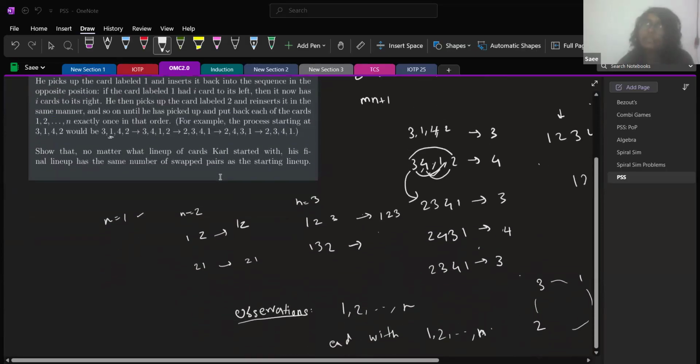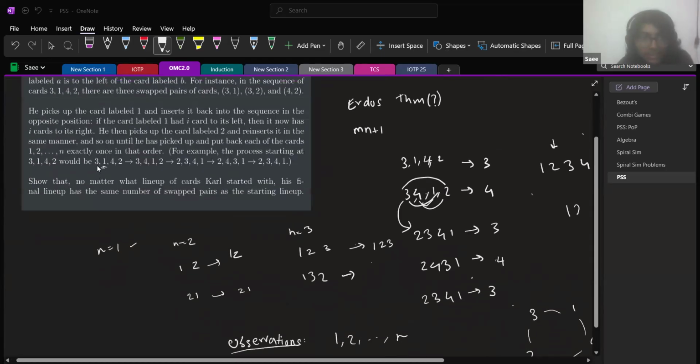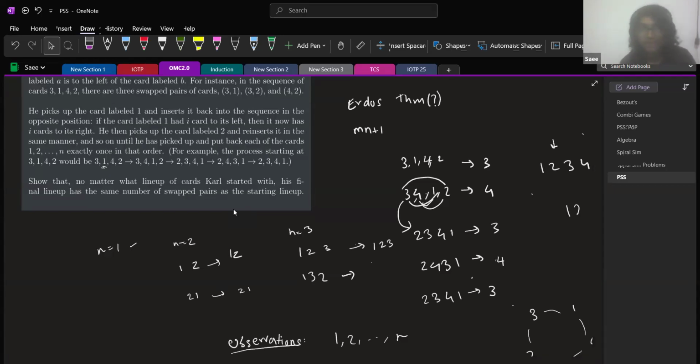Maybe some wishful thinking here: this process is incredibly weird. I am not able to see any nice way to formalize it. This seems like an invariant or monovariant kind of thing. Maybe I can find some invariant in this process where I can say that this is constant, so by the end of it, it will be the same.